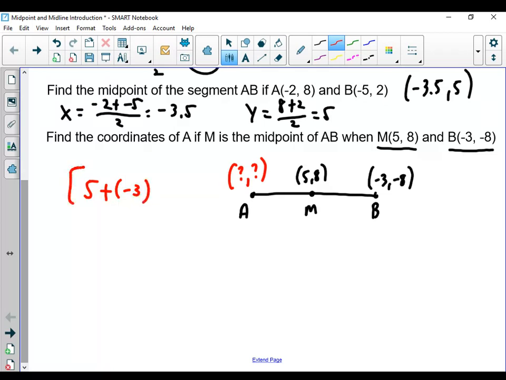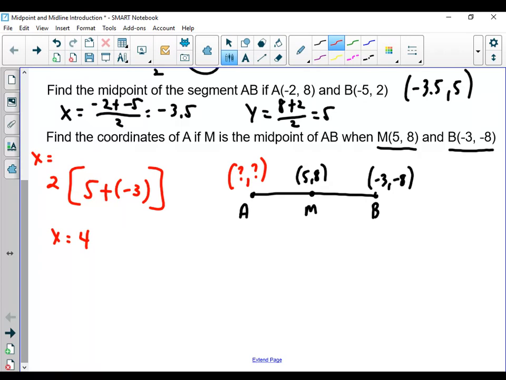And then you said times 2? Okay, let's test it out. If I did that, I'm going to have, what, 2 times 2 or 4? So if that works out, I should be able to add, this is the x value, I should be able to add the 4 to the -3. So that would be 1, and divide it by 2. And that should give me the midpoint. Does that work out?